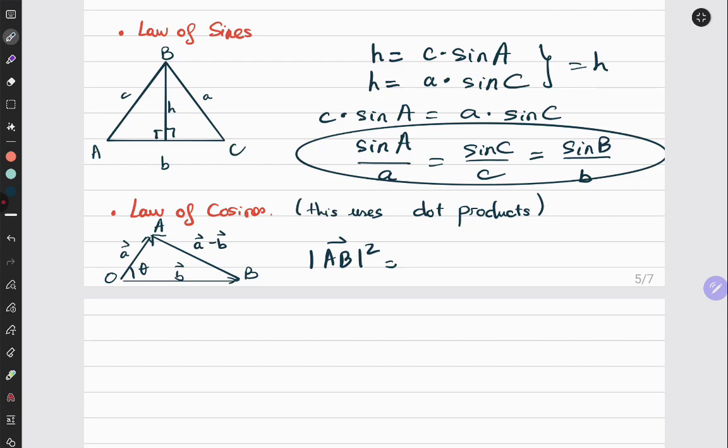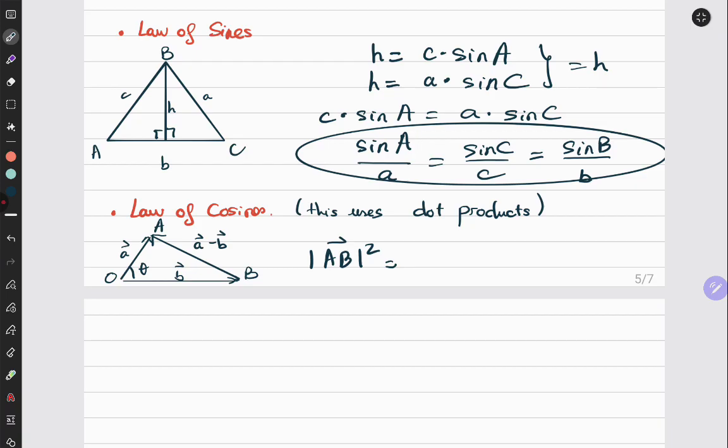In triangle A, B, C, C square actually equals A square plus B square minus 2AB times cosine theta. Recall that? That's from trig class, from 111.